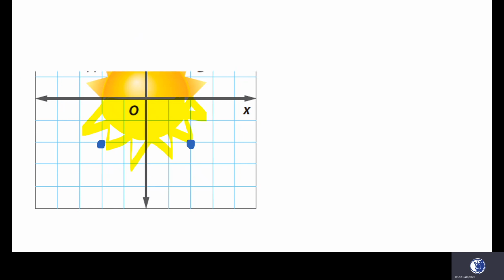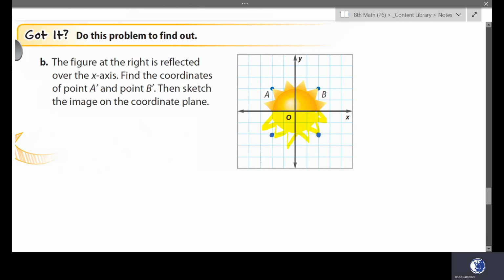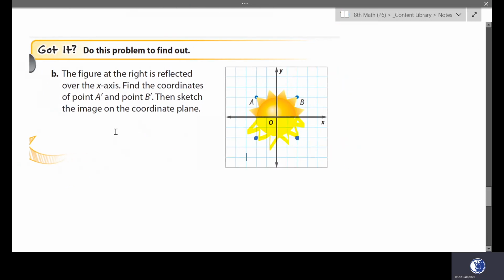So there's my reflection over the x-axis of points A and B. A prime is located at (-2, -2), and B prime is located at (2, -2).